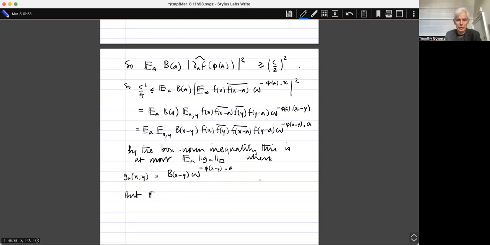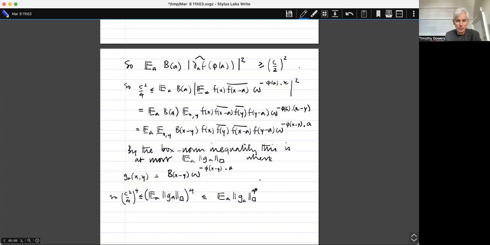But the average of G_A box to the fourth power. In fact, we knew that c squared over 2 was at most this thing here, so (c squared over 4) to the 4 is less than or equal to this thing here, which by Cauchy-Schwarz applied twice is at most the average of the 4th power of the box norms.